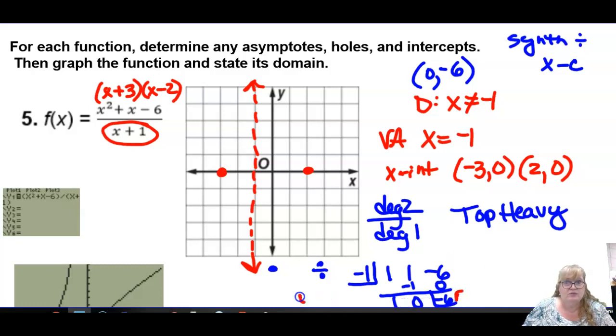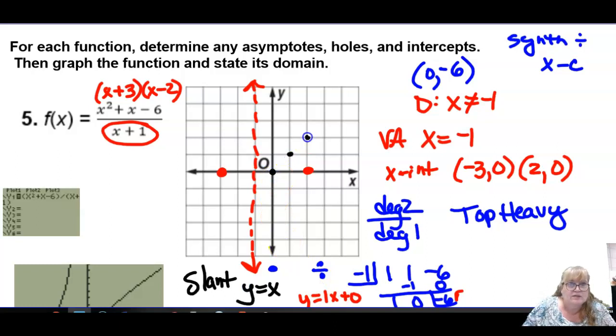So this equation was just y equals 1x plus 0. So our end behavior equation is a slant asymptote or oblique asymptote at y equals x, or 1x plus 0.